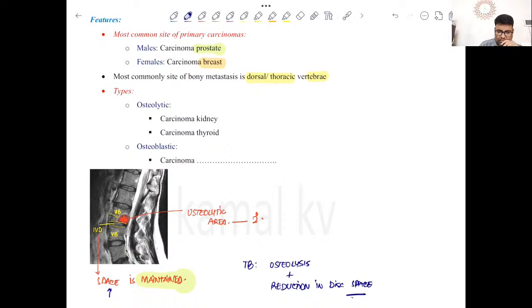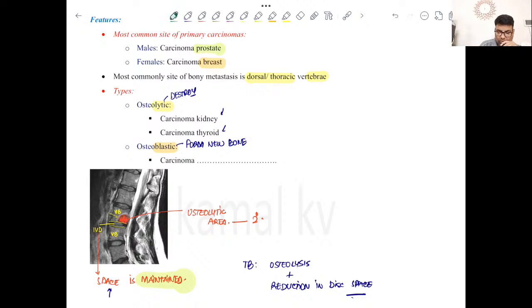Now, in the majority of tumors, the tumor cells will go and destroy the bone. Right? So it can be from kidney, it can be from thyroid, but there is only one tumor in which the cancer cells reach the bone and there they form new bone.